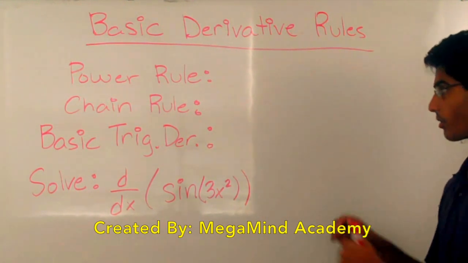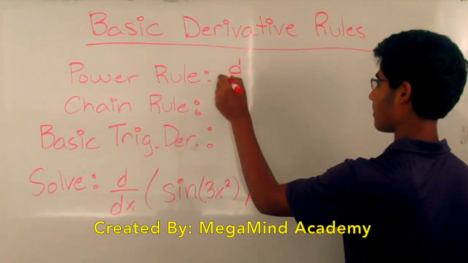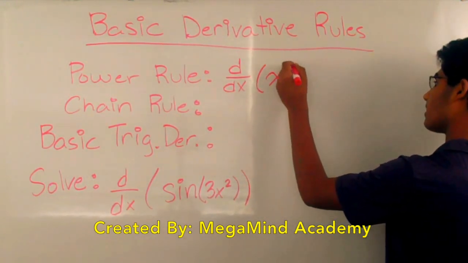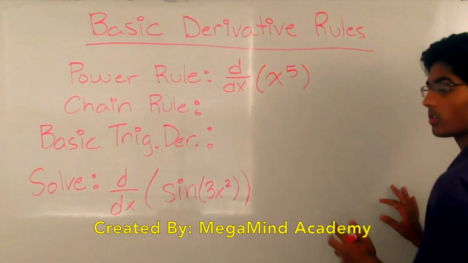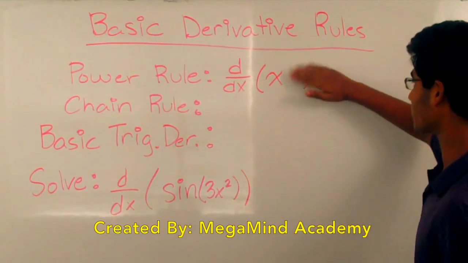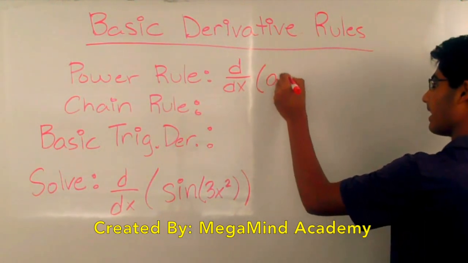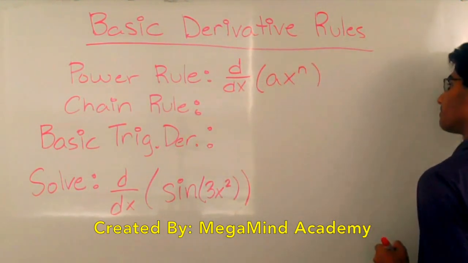Let's say we have to take the derivative, so d dx of x to the fifth power. Or to make this simple, let's use other variables. Let's say we have to take the derivative of ax to the n power.